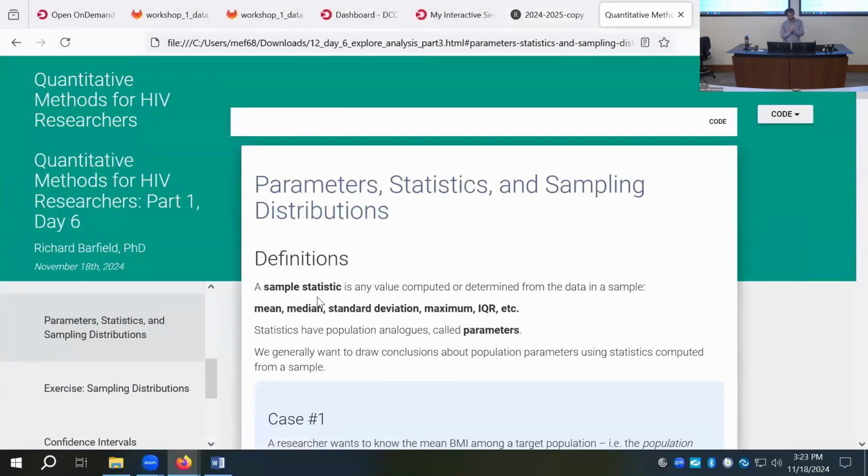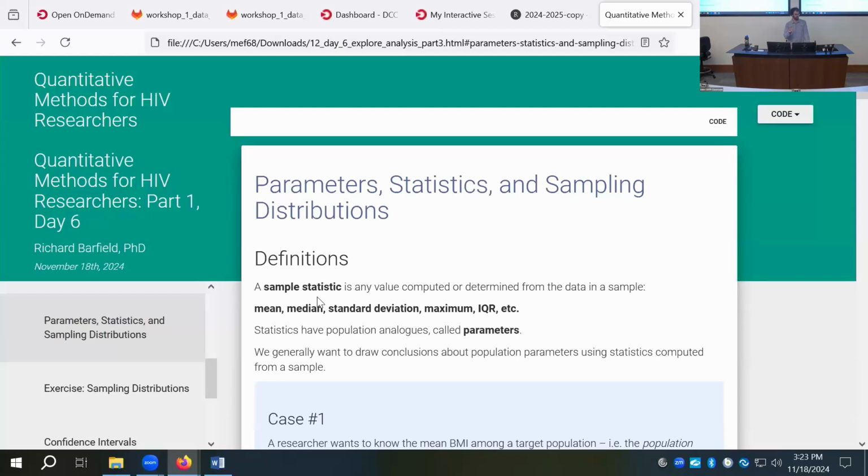All right, so we'll talk about parameters, statistics, and sampling distributions. A sample statistic is basically any value that you calculate from your sample: mean, median, standard deviation, the maximum, the minimum, the interquartile range.